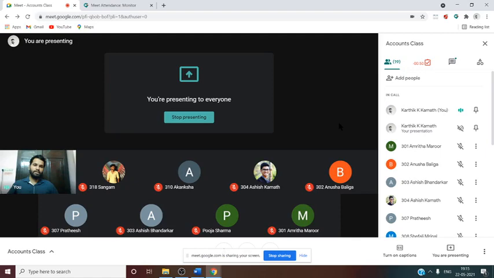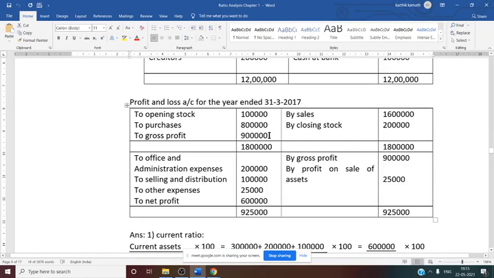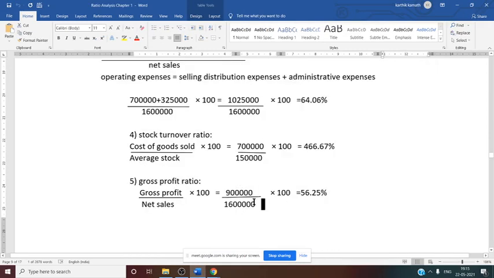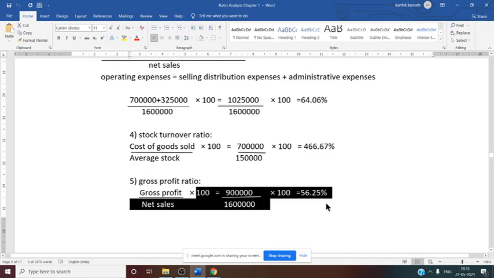Both pieces of information are directly given in the question. Gross profit in the P&L is 9 lakh, write it in the numerator. Then sales, 16 lakh, in the denominator. Just calculate: 9 lakh divided by 16 lakh into 100, 56.25%. So 0.56:1 in terms of ratio.